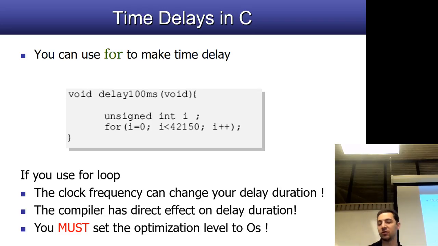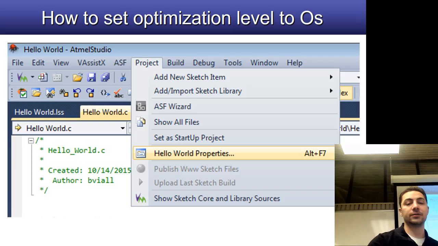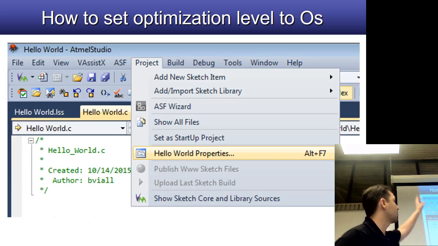Some compilers are so smart, they will try to save you time. They'll say, oh, this loop isn't actually doing anything. Let's just remove it. We want to be as fast as possible. So it'll remove it. So if you want to use this delay routine, you have to set your optimizations to not do that. Optimizations are set inside of the project properties.